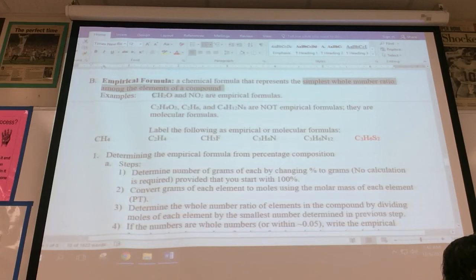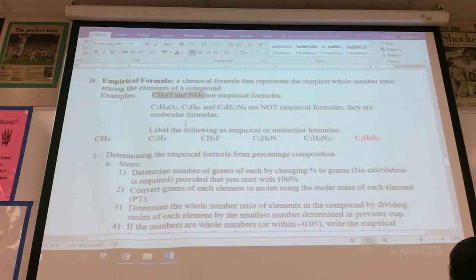For example, CH2O and NO2 are empirical formulas. Anytime you have one of an element, it has to be an empirical formula because a 1 can't be reduced down. NO2, you have 1 of this to 2 of this, and that's a ratio.